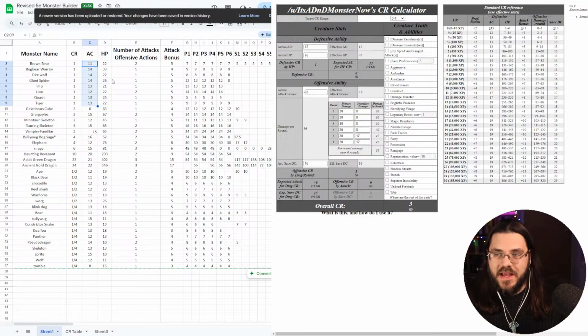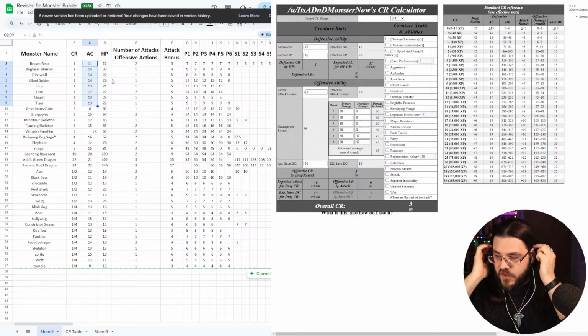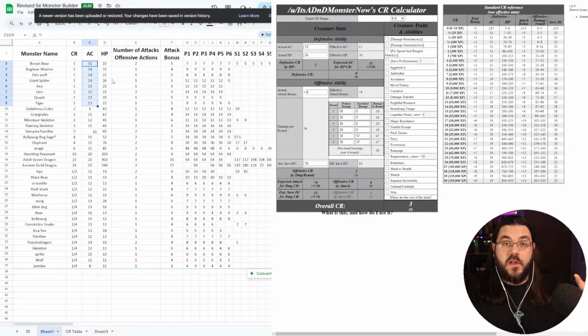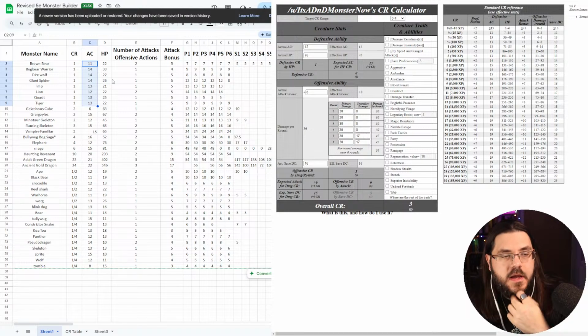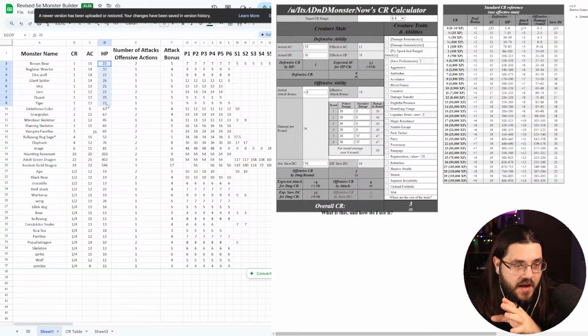That's why I want to wait for the 500 new monsters to really get a sense of this, because then hopefully there'll be enough monsters in each category to be able to use their average numbers as a starting point. But average AC 13 at CR1, an average HP of 24.